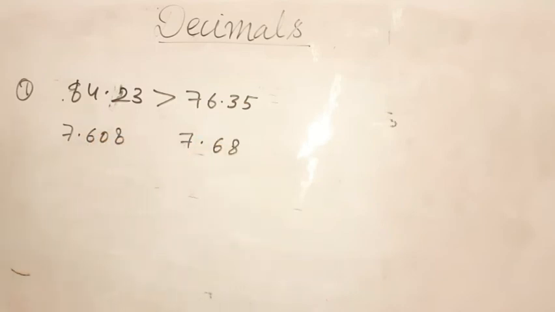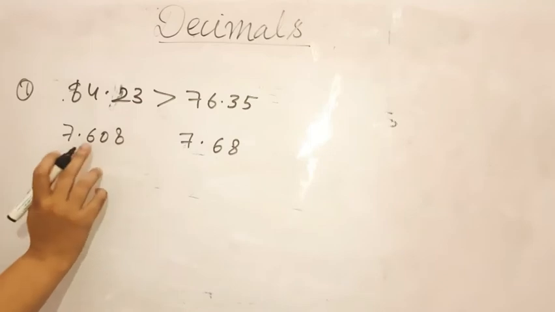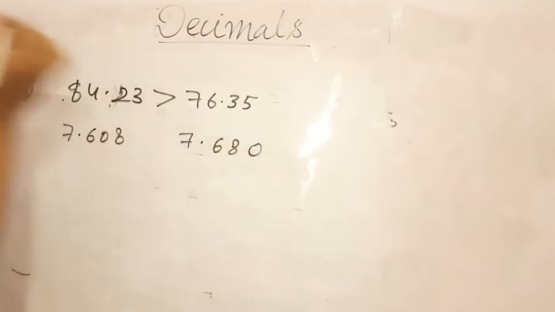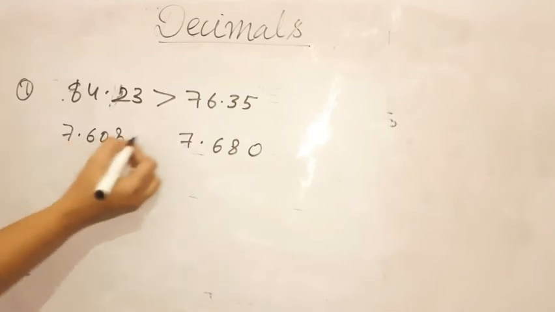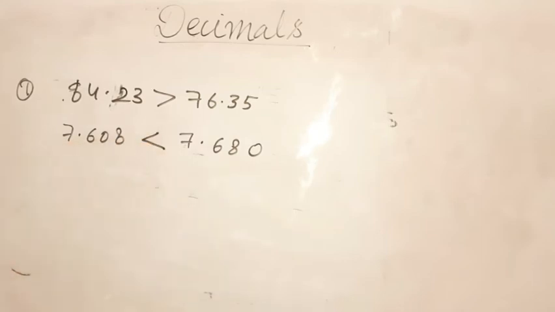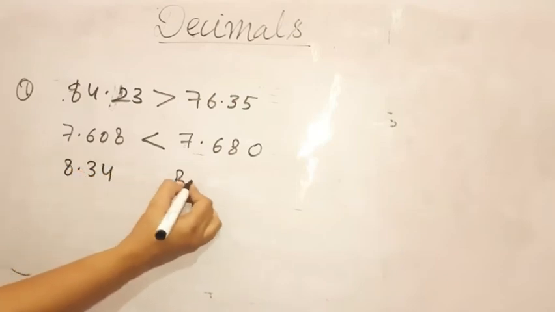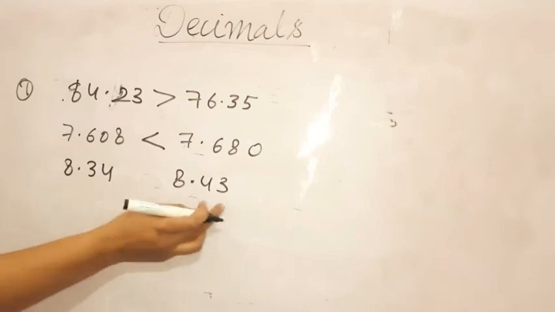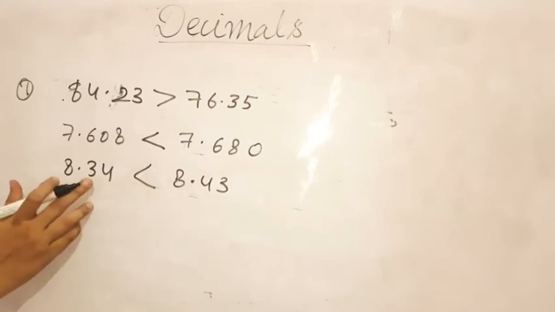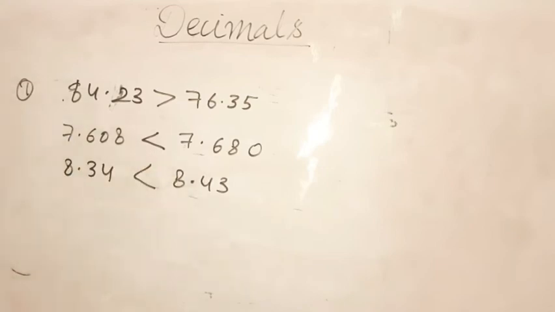So whenever you have to compare any decimal numbers, you have to make the places equal. You have to convert unlike decimal numbers into like decimal numbers. So it is having 3 places, 608. So it will be 680. Now you have to tell me which one is greater in the comment section. Obviously 7.680 is greatest. Now third option, 8.34 and 8.43. Obviously 8.43 is greater than 8.34 because this is 3 and this is 4.